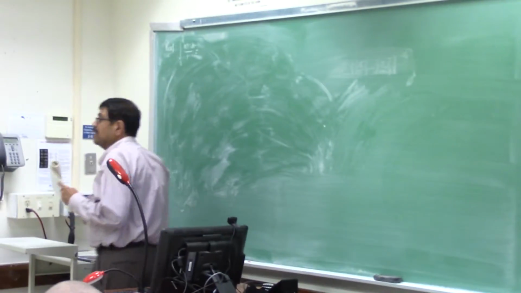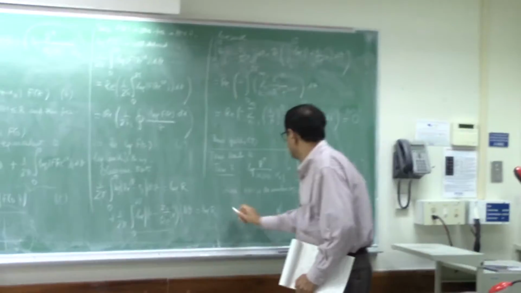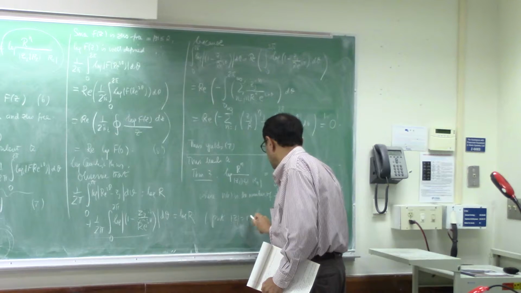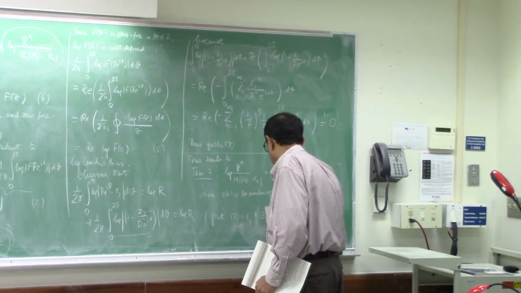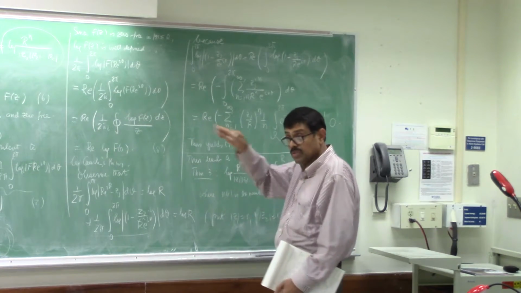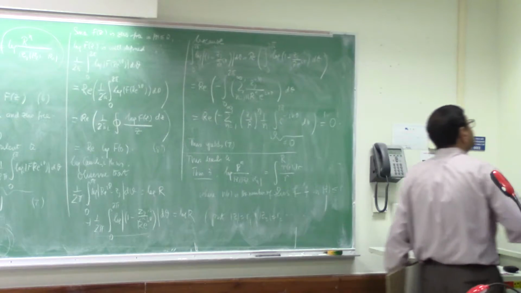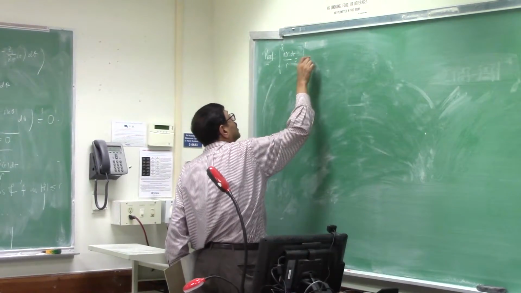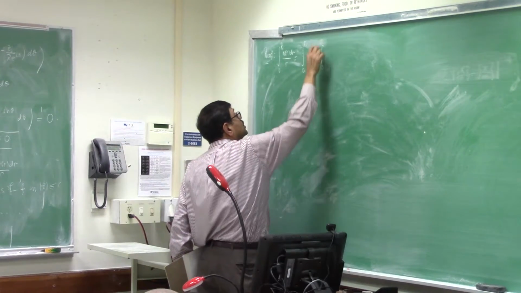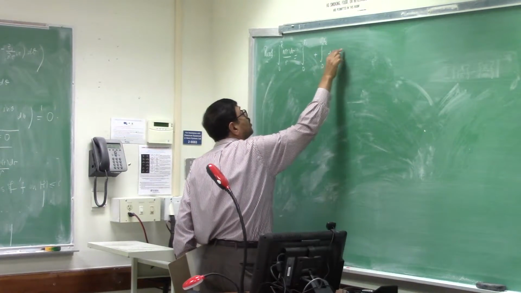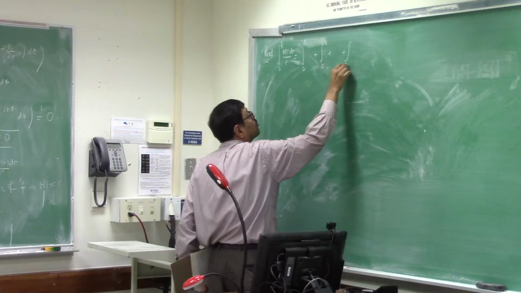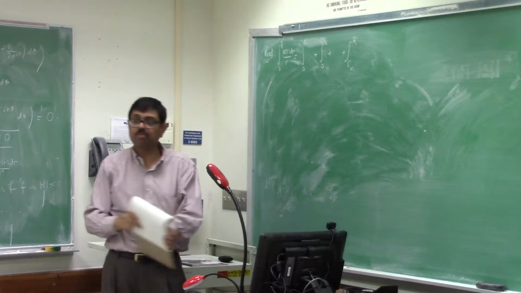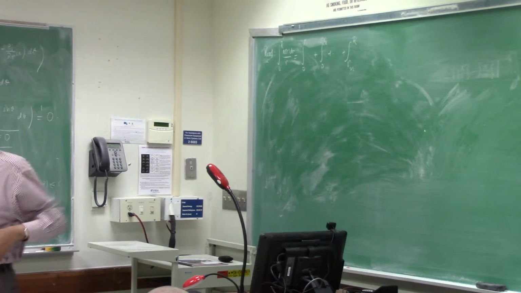Oh, by the way, let me put absolute z1 equal to R1, absolute z2 equal to R2, and so on. Those are the radii. So split this integral as the integral from 0 to R1 plus the integral from R1 to R2 and so on, plus the integral from Rn to R. Break it up into n integrals.